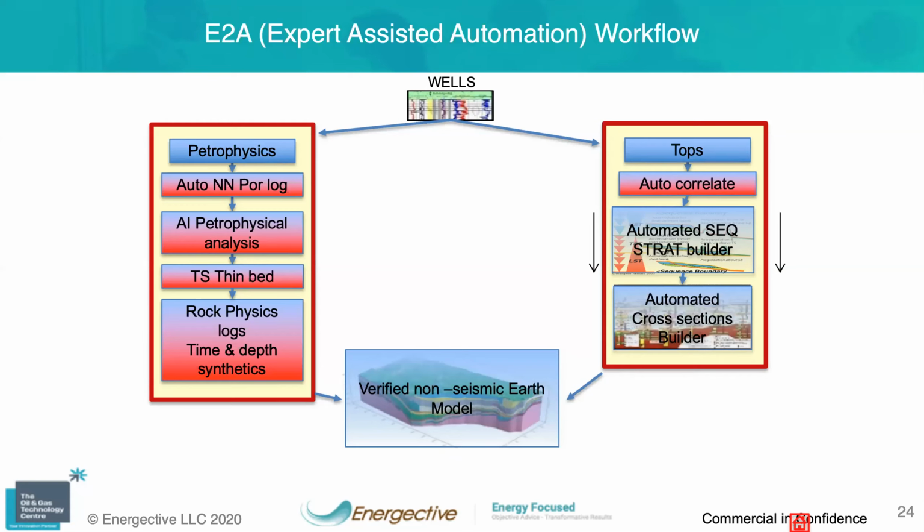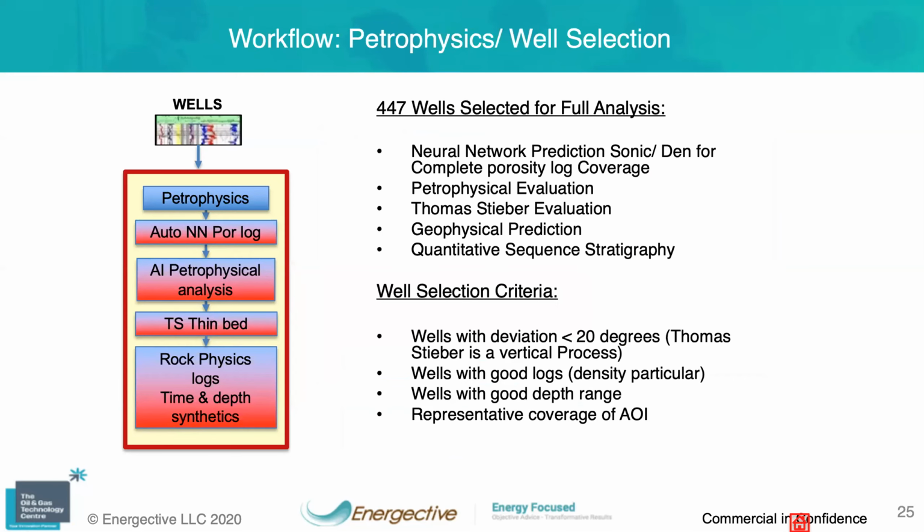So here's our process again on the petrophysical side. We neural network predict sonics and densities for complete porosity log coverage. So we get logs where there weren't any. So we have top to bottom.